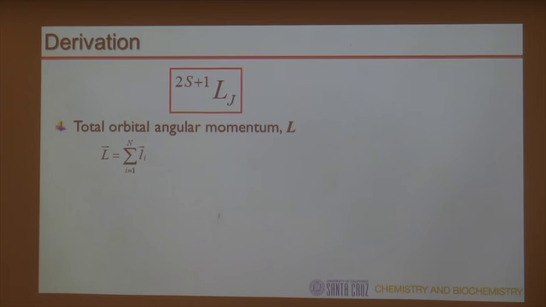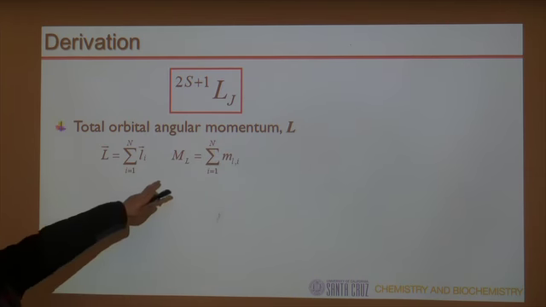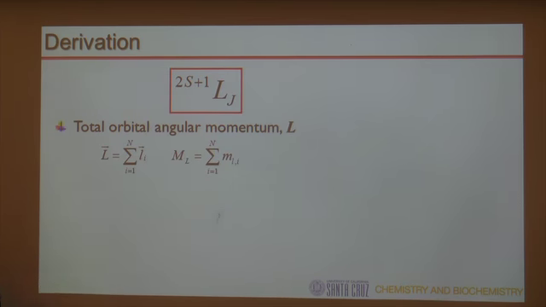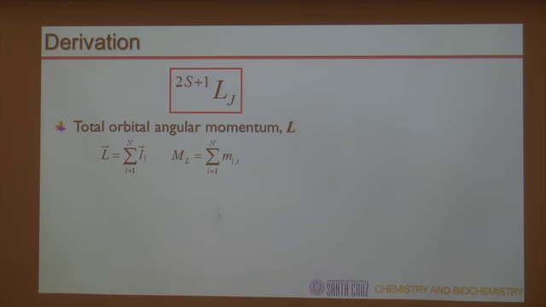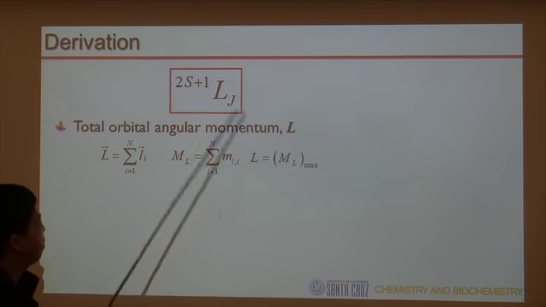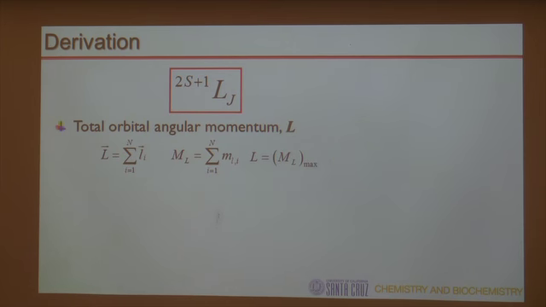Or you can do it this way: first calculate the capital M_L, which is a scalar sum of all the m_l from every electron. This is a scalar sum, that one is the vector sum. Once you get that, you can derive L, the magnitude, which equals the maximum M_L value.